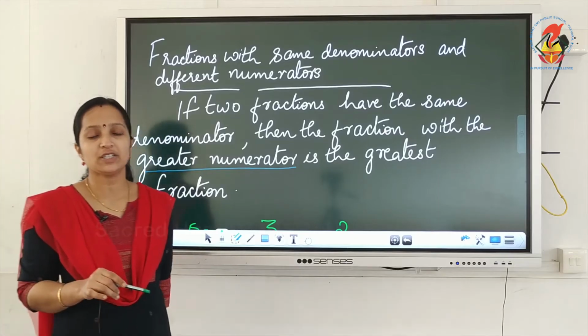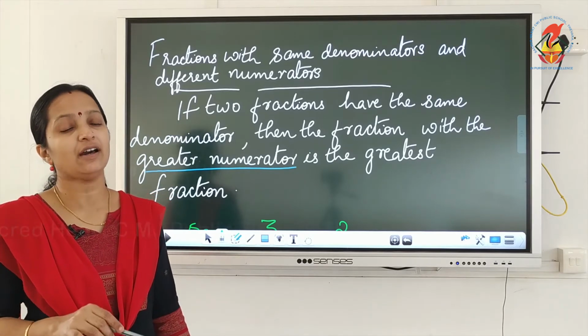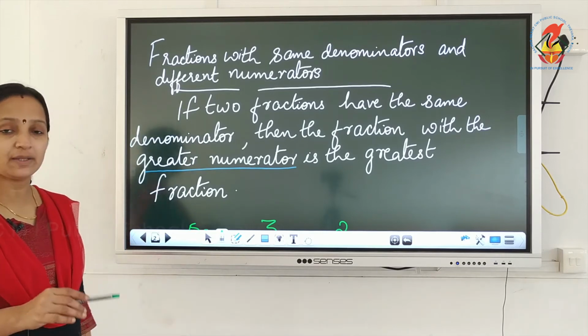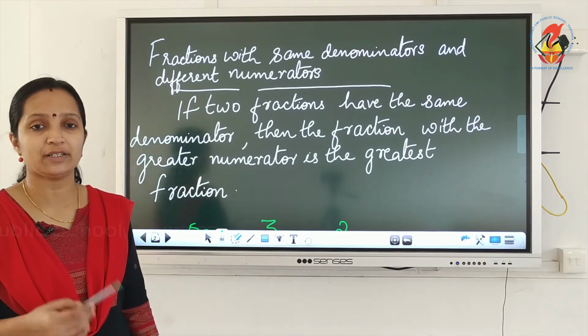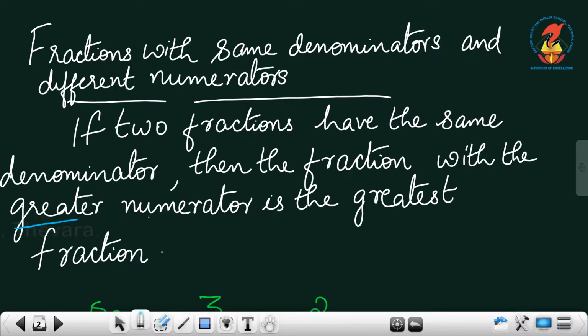In all such cases, the fraction with the greater numerator is the greatest fraction.